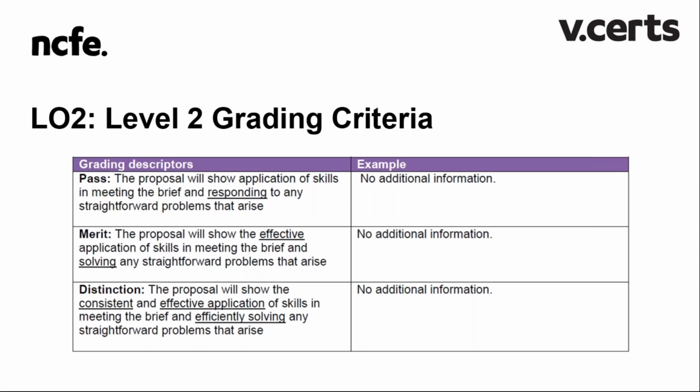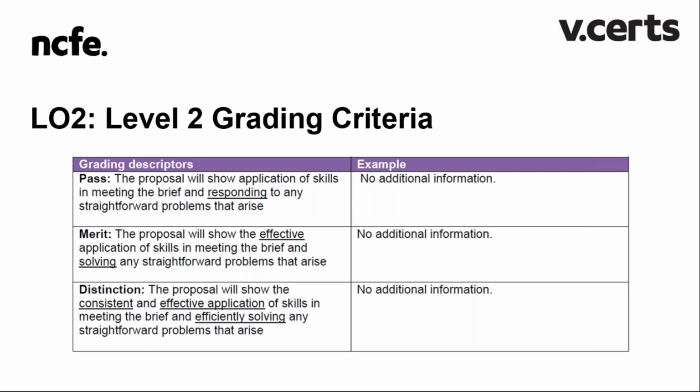They may identify a straightforward problem at pass level, for example, resources that they don't have access to. At a merit, they would attempt to solve a straightforward problem. So using this same problem, they may have to acquire additional resources or use an existing asset if they cannot create their own. And at a distinction, we would expect to see a clear proposal that meets the brief for all of those assessment points.